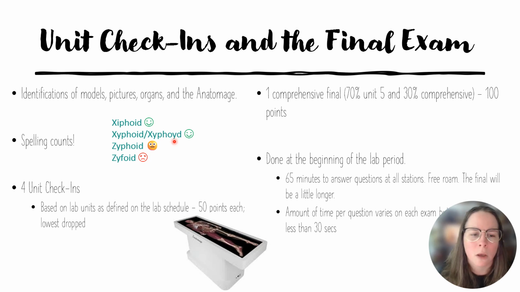Full credit. Now, let's say we replaced that X with a Z. That's not right, and if you tried to write xiphoid in your program at work with a Z, it would not give you the right thing you were looking for. But you're close, so I'll give you partial credit. And if you just completely get all the consonants wrong and it's not really close, I'm going to have to give you a 0 for that. So again, I know we can look things up.